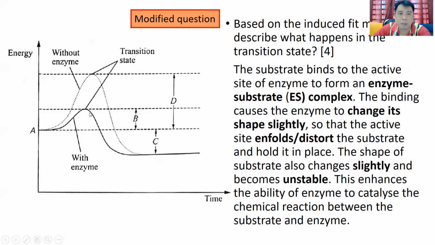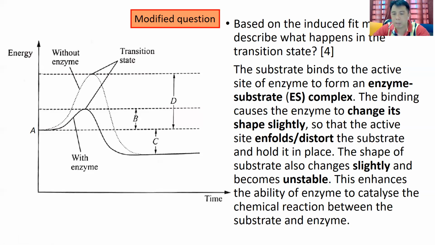At the transition state, the enzyme-substrate complex is unstable. That means the substrate becomes unstable, so that the bonds in the substrate can be broken down and the new bonds formed in the product.